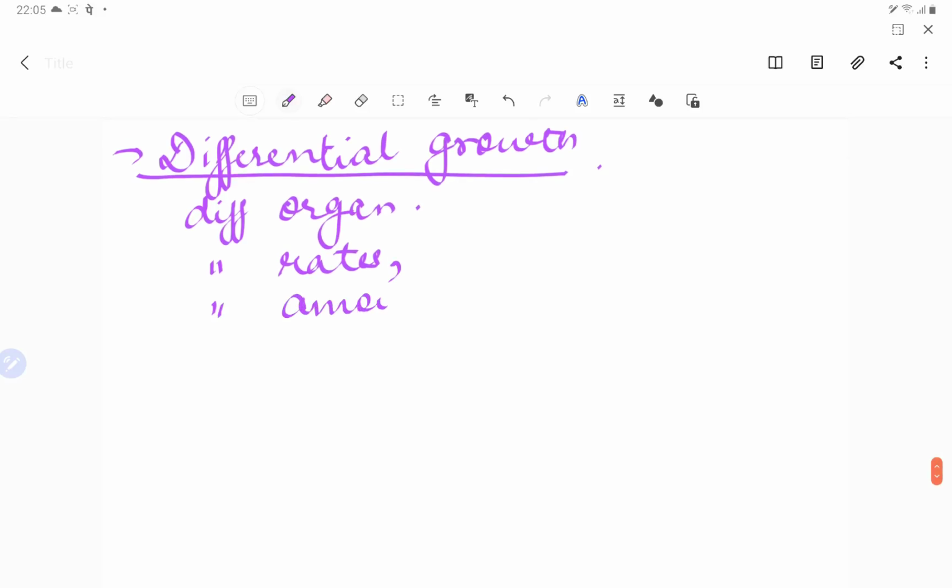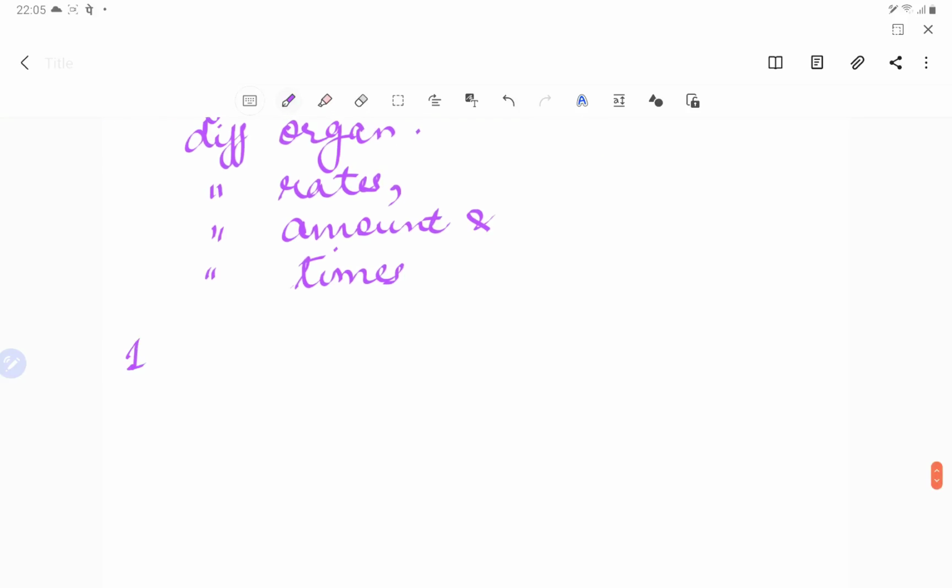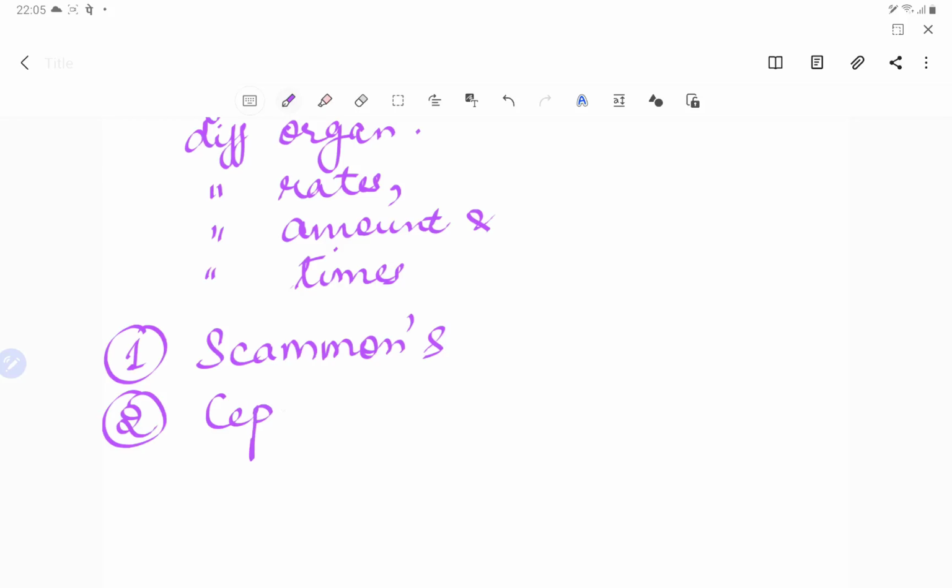See, I told you everything is different, and at different times. So we have different organs growing at different rates, to different amounts, and at different times, and in that we have two curves. One is the Scammon's growth curve, and another is the cephalocaudal growth curve.